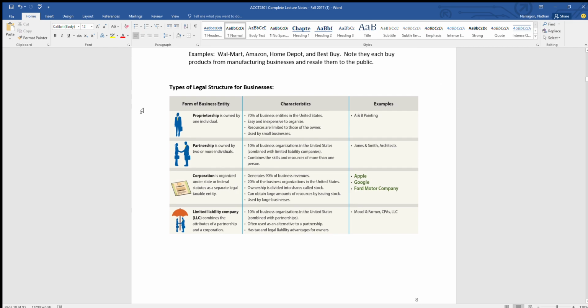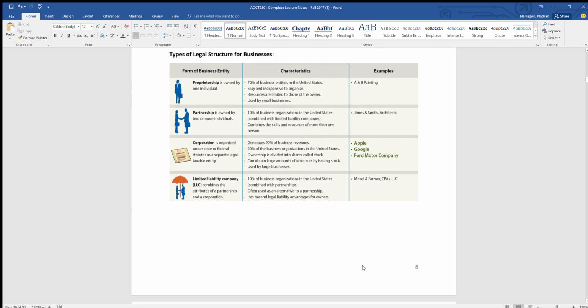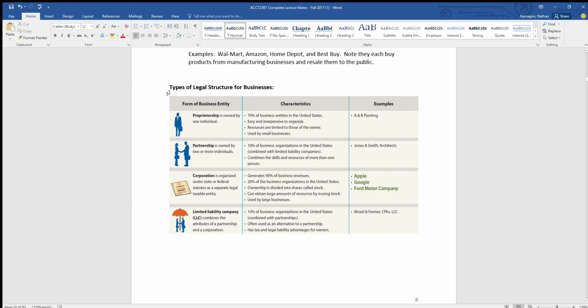And then the last little part, getting close to the end, is the types of legal structures for businesses. These you don't have to know heavily, but know exactly what they are. One is the proprietorship, which is basically owned only by one individual.